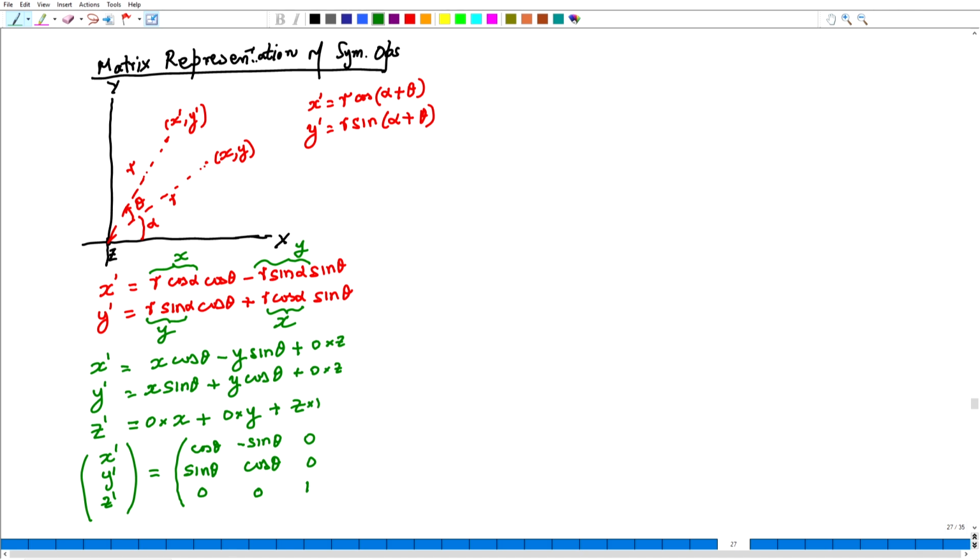So, therefore, this term would be 1, and the column vector x, y, z. So, this becomes my rotation matrix, and I will denote it as R z theta, that is the z axis is the rotation axis itself, or we can even consider just the point at the origin is basically the point of rotation normal to this xy plane.